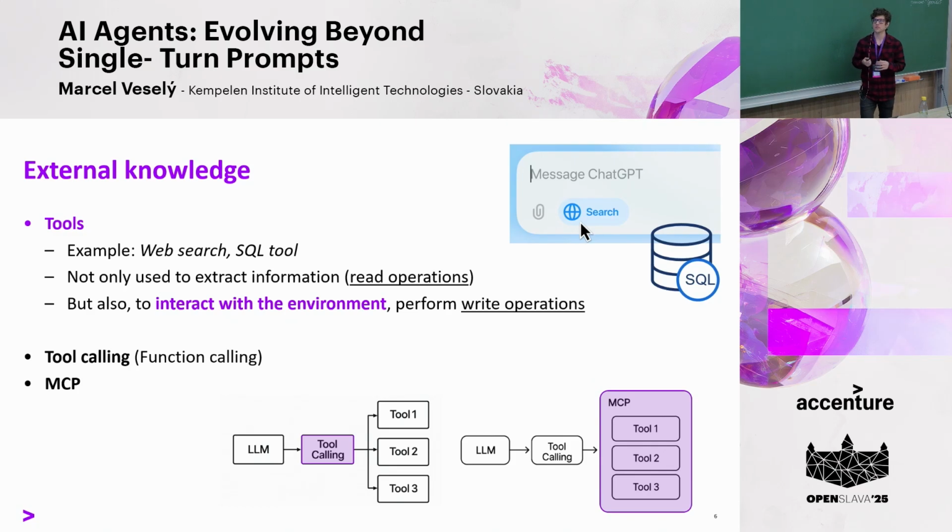Because most of you might already know that since LLMs are only language models, they only generate text autoregressively, meaning that they can't actually call any tools. And so we need a way to enable LLMs to call tools. So what we can do is perform so-called tool calling, also known as function calling. Those two terms are interchangeable.